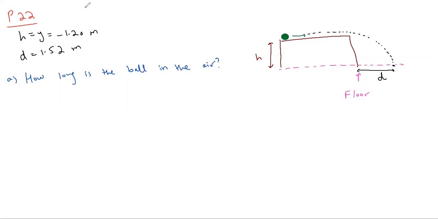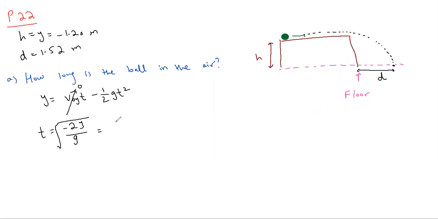This can be calculated from Newton's equation of motion: y is equal to v naught t minus 1 by 2 g t square. Ball is traveling in the horizontal direction, so the v naught term will be 0. So you can find t as the square root of minus 2y over g.